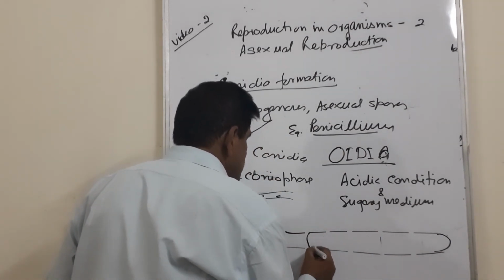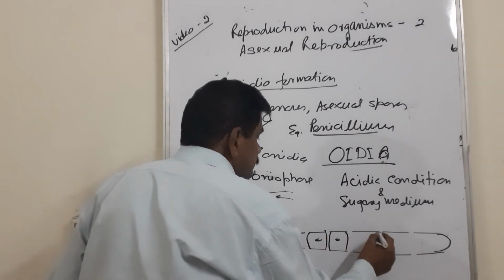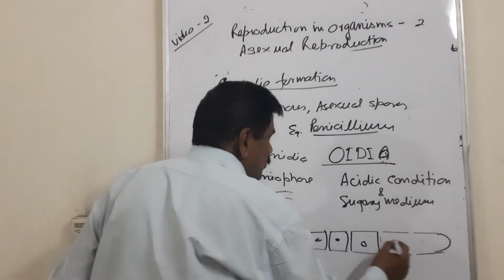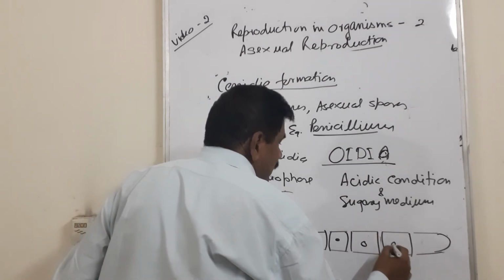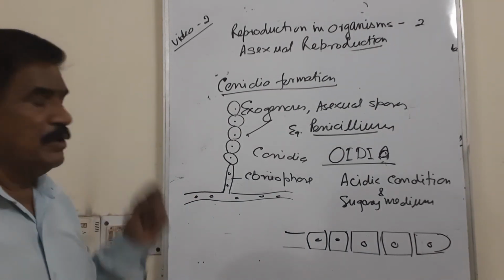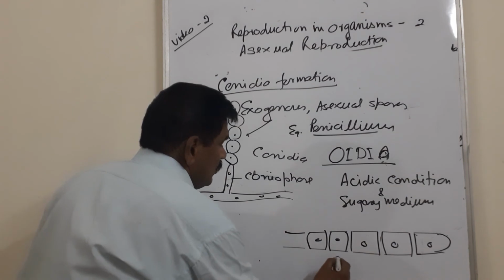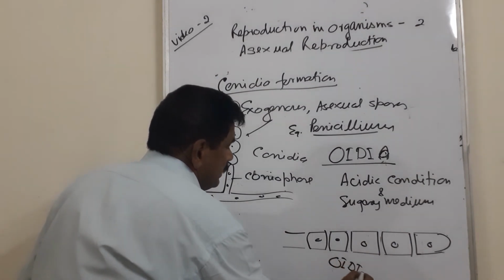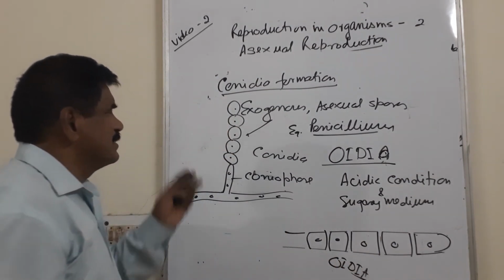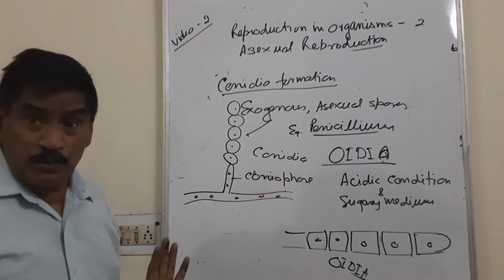These pieces are called oidia. So they are just similar to a small part of hypha, and these oidia develop into a new individual, a new hypha. That is the oidia. So these are the various modes of asexual reproduction in plants and animals both.